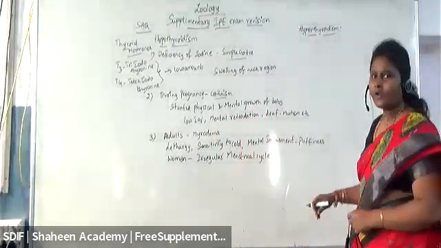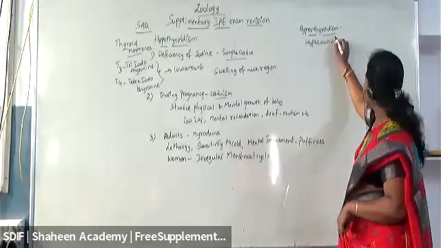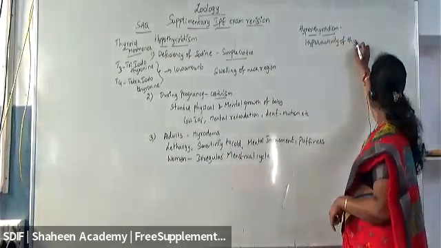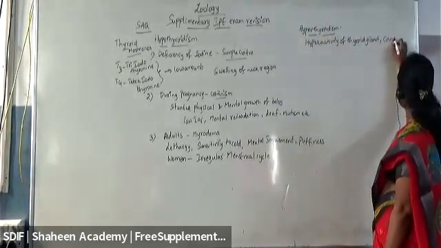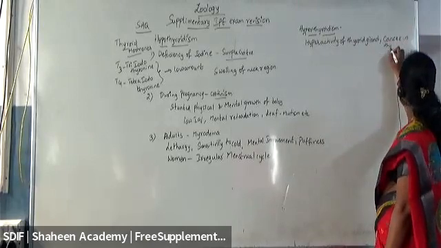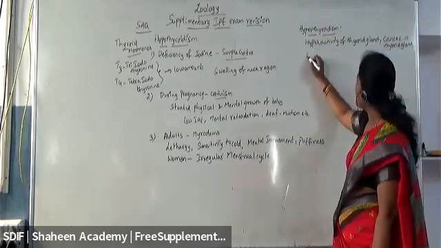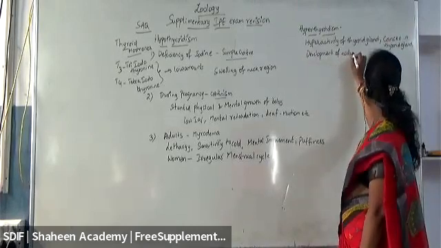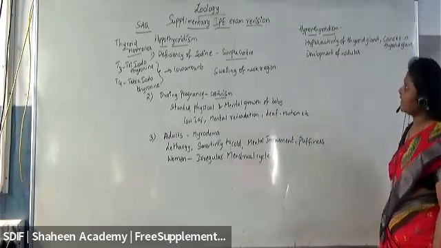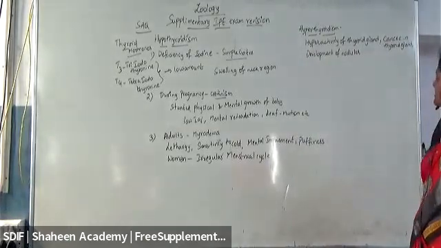So hyperthyroidism is because of hyperactivity of thyroid gland, or due to cancer in thyroid gland, or even it is also because of development of certain nodules in thyroid gland.